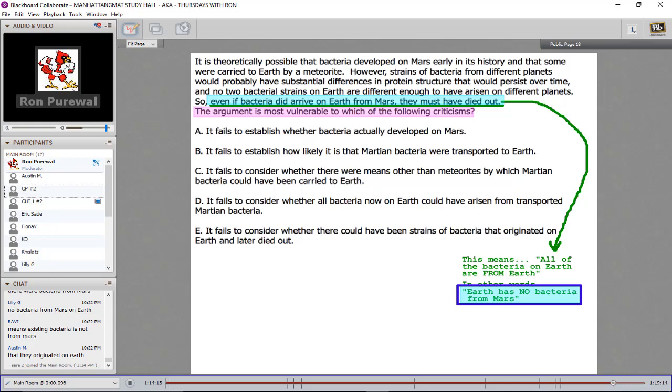So if you want to weaken this argument, you have to show that there could actually be Martian bacteria here on Earth.